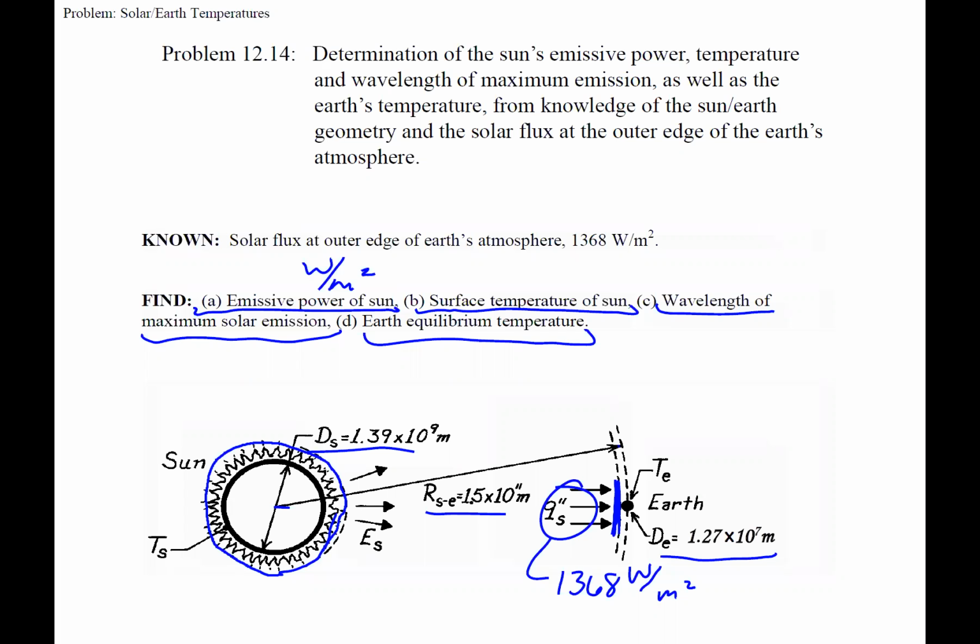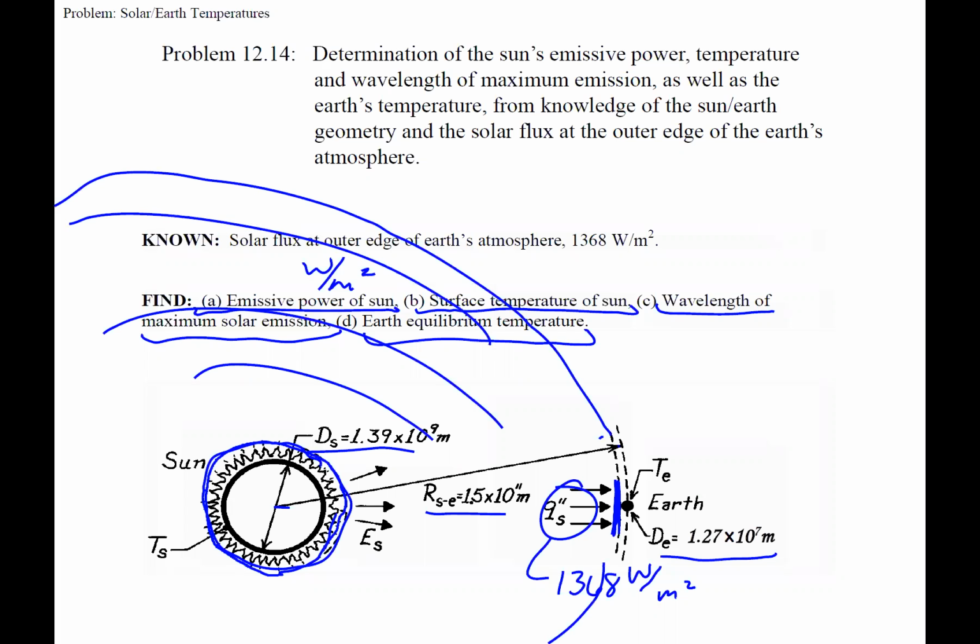What's happening is we have a sphere, right? The Sun is a sphere. And then if we take this as another big sphere around it, the energy that's emitting off of the Sun gets spread out as the surface area gets bigger and bigger. Conservation of energy says the total energy is the same, but the flux will change, because that's watts per meter squared, and the area is getting bigger as it emits off of this bigger and bigger sphere.